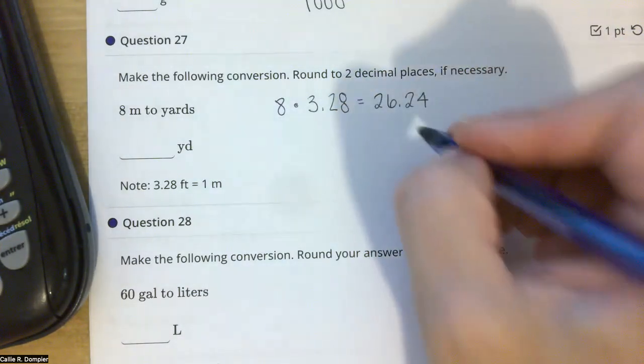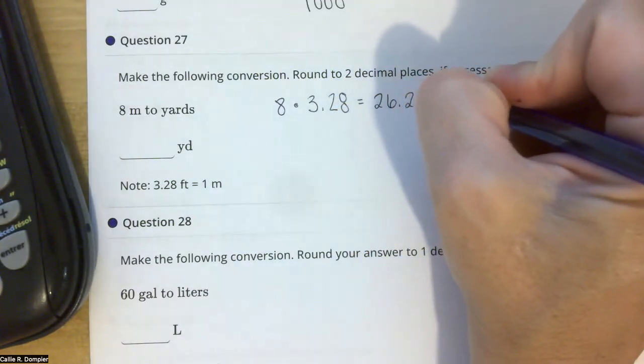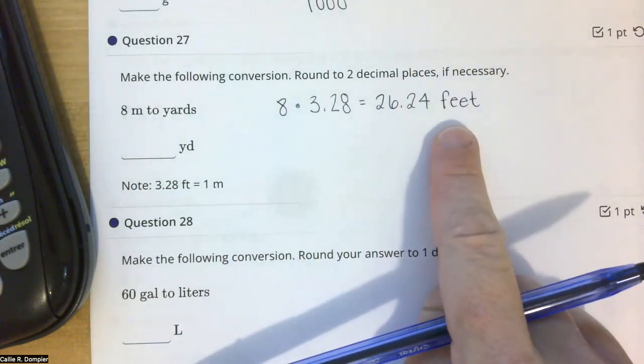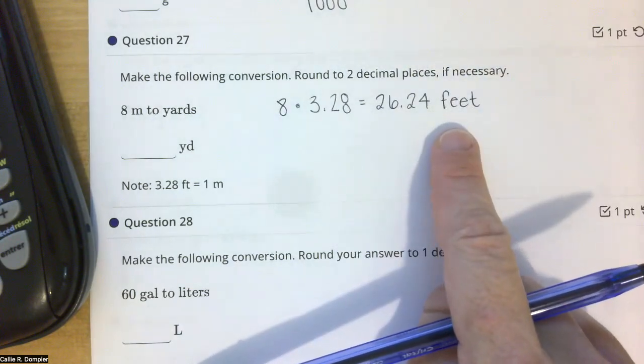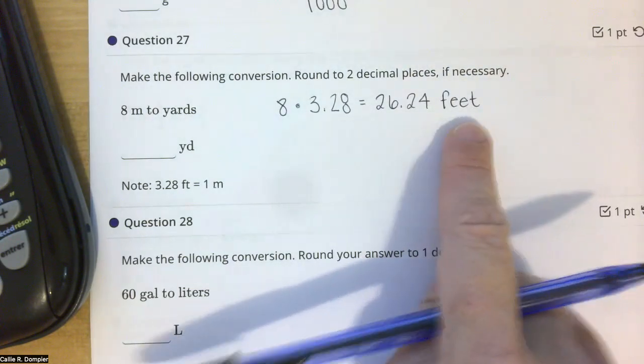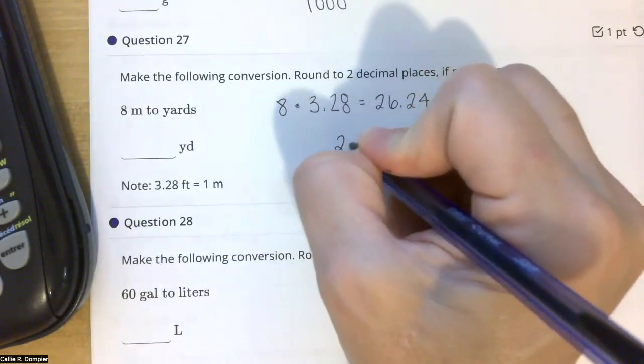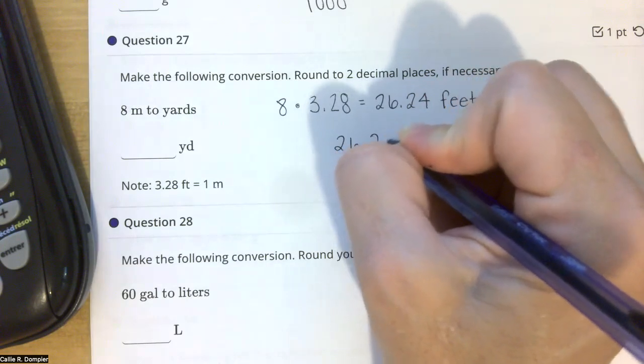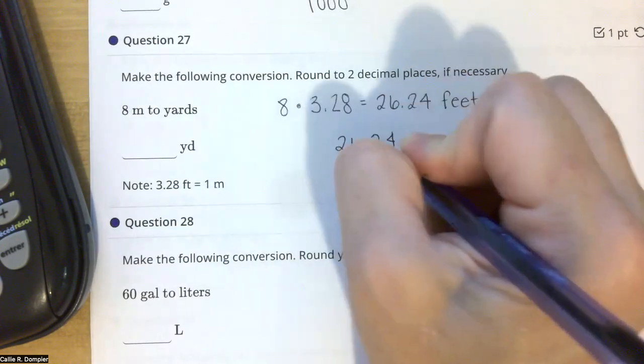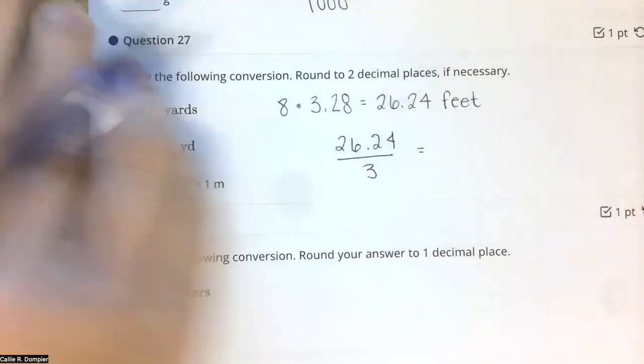But that's not yards, that's feet. So we're having to do 2 different translations here. 26.24 feet. And then how many feet are in a yard? 3 feet in each yard. So we're going to take 26.24 feet divided by 3 to get yards.